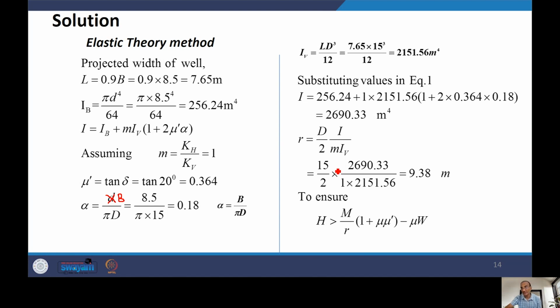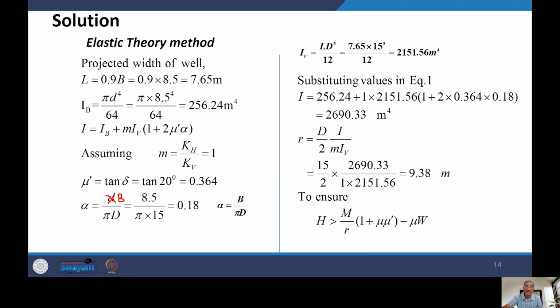So the first check which needs to be applied for elastic theory method is that the value of H should be greater than M by R (1 plus mu prime minus mu). Mu is Poisson's ratio for the soil, and mu prime is also tan delta, which is like you know that mu prime is here given to you as tan delta.